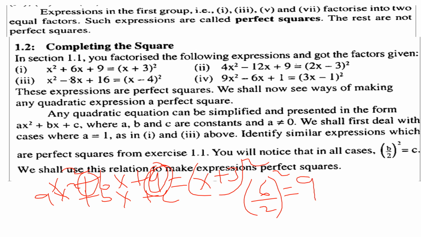If you take 6 divided by 2, it is 3, squared is 9, meaning that if we have b divided by 2, then we square this, it should give us the value of the constant c. So let's go to the next.